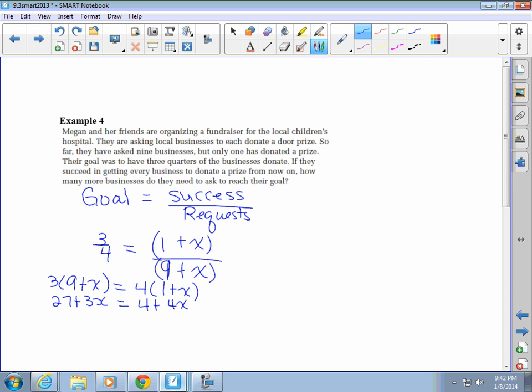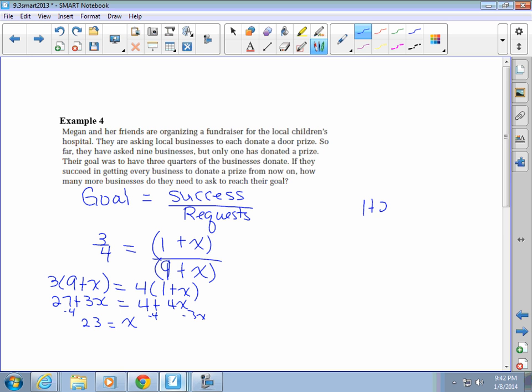If I bring my x's to one side, subtract my 3x and subtract my 4, I have 23 equals x. That means they need to ask 23 more businesses in order to have a 3/4 success rate. And you can check that.